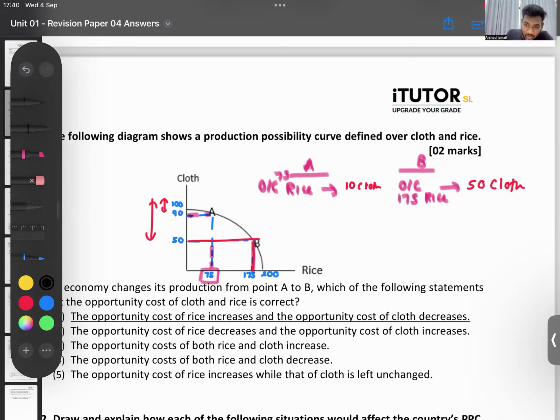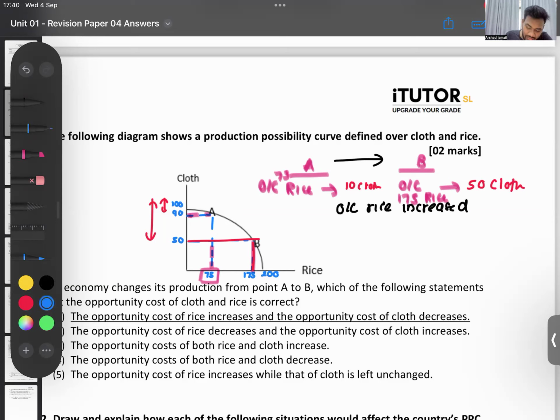Does the opportunity cost of producing rice increase or decrease? Initially, the opportunity cost was 10 clothes. Now the opportunity cost is 50 clothes. So the opportunity cost of producing rice has increased. You have to sacrifice more clothes.